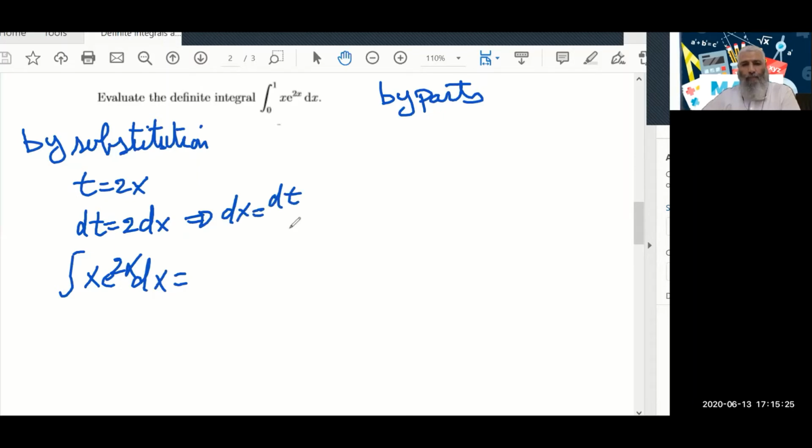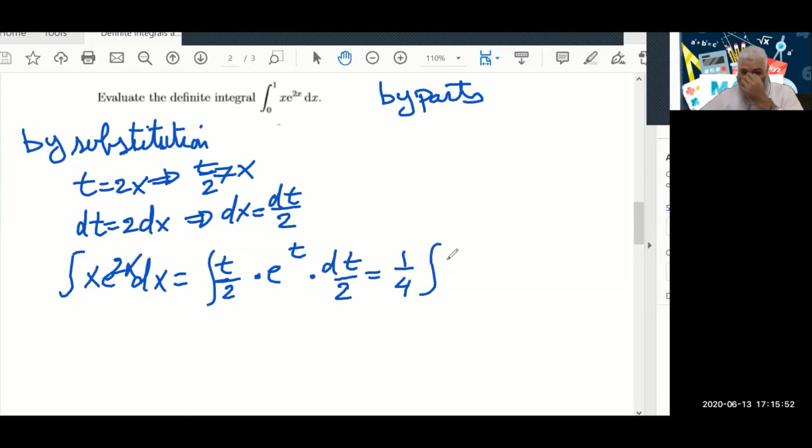Now, what is x? x is t over 2, right? Yes. So x is t over 2, multiply e power t and multiply dt over 2. Yes. So this is 1 over 4 integration of t e power t dt.